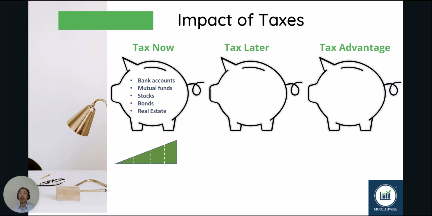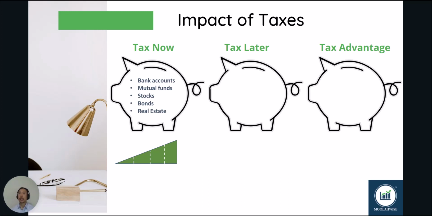And basically, every year, when your money is sitting in these accounts, whatever you gain, you have to pay a piece to Uncle Sam for taxes. So each of these lines represents every year that you pay a tax. So when you first start, at the end of the year, you'll have to pay tax on your gains, and same thing every year.